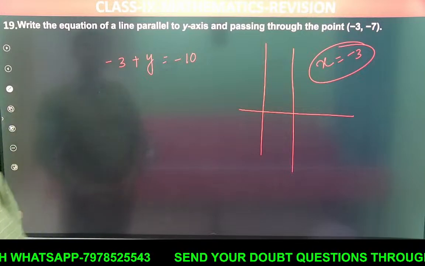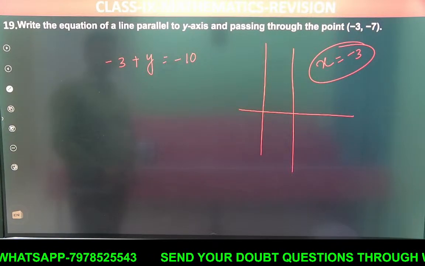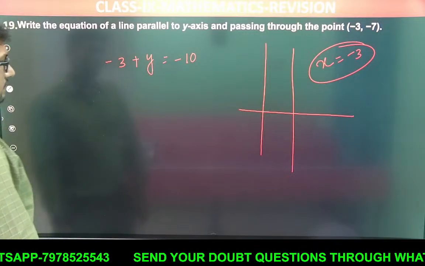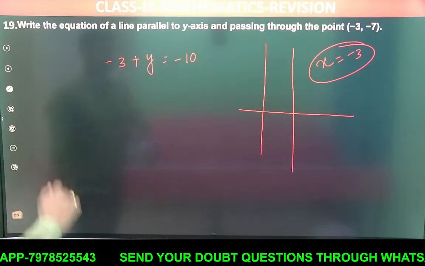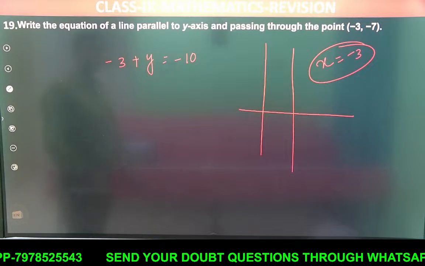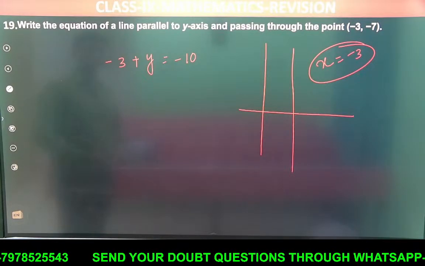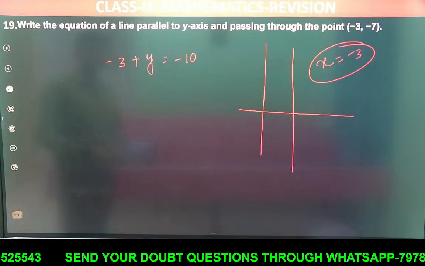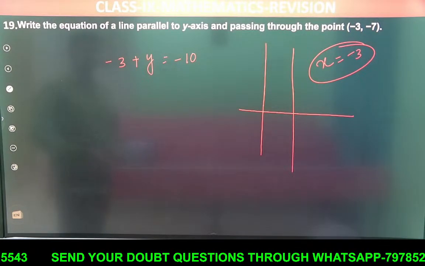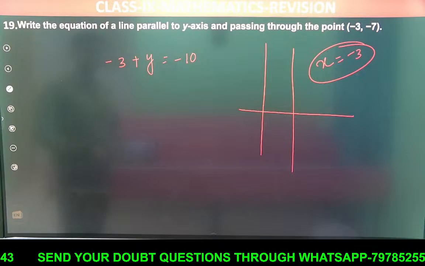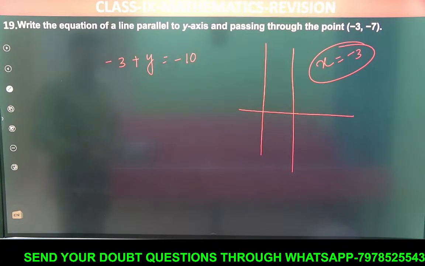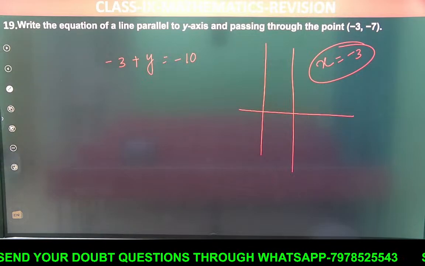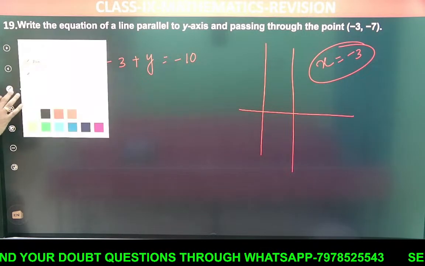The equation of the line parallel to the y-axis, passing through the point (-3, 7). Try solving this. Let me see what the answer is.